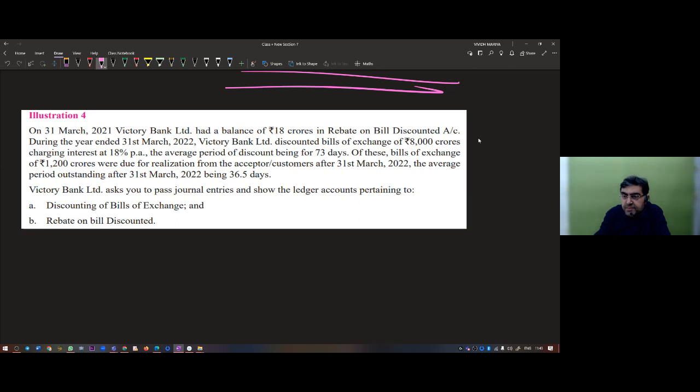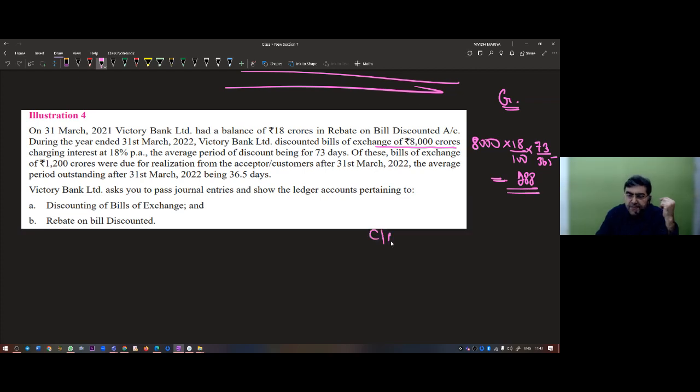So the income earned is: discounts for the current year are 8,000 crores at 18% per annum. The average period is 73 days, as some bills are for 1 month, 2 months, 3 months. It is 288 crores.